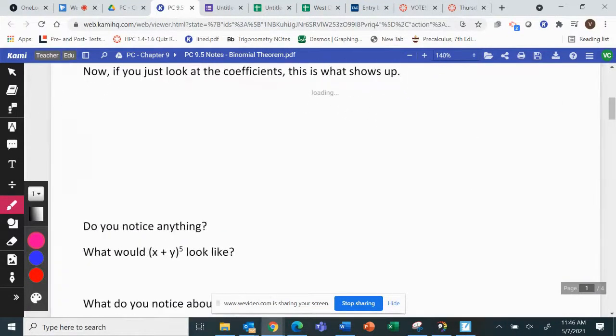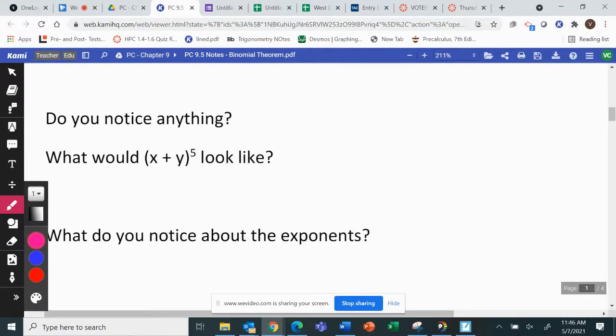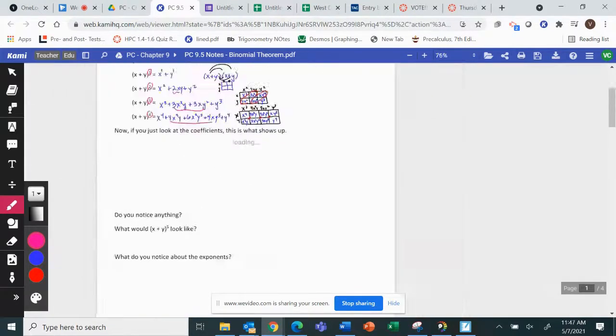Okay, so you saw that. Here's the question. What would x plus y to the 5th look like without us actually multiplying it out? Let's use what we see here in the patterns, and let's try to figure out what it would look like.